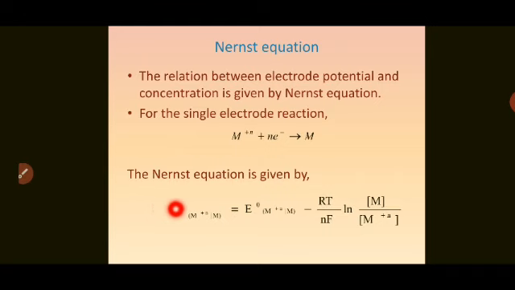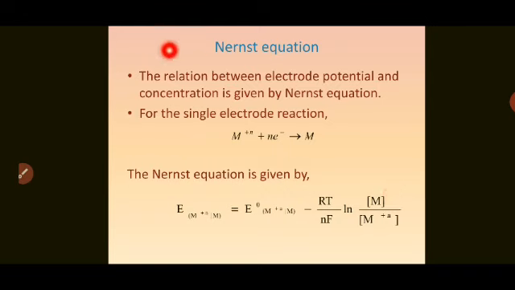So E of electrode is equal to E naught of electrode minus RT divided by nF ln of the concentration of M, the electrode which is in solid state, over the concentration of the aqueous solution, that is M^n+ ion. So this equation is called the Nernst equation.